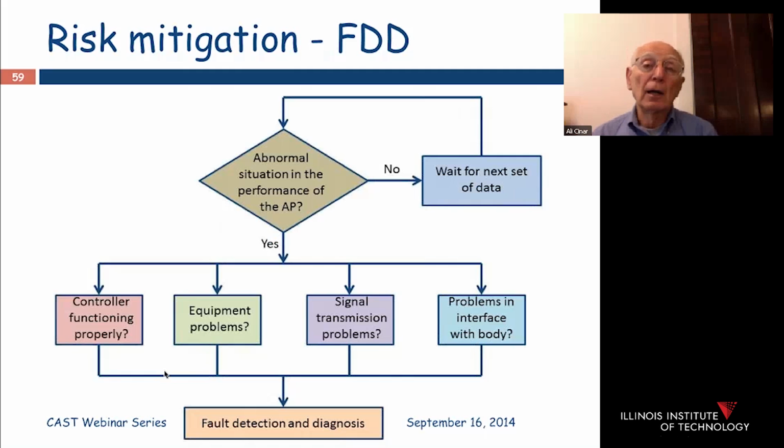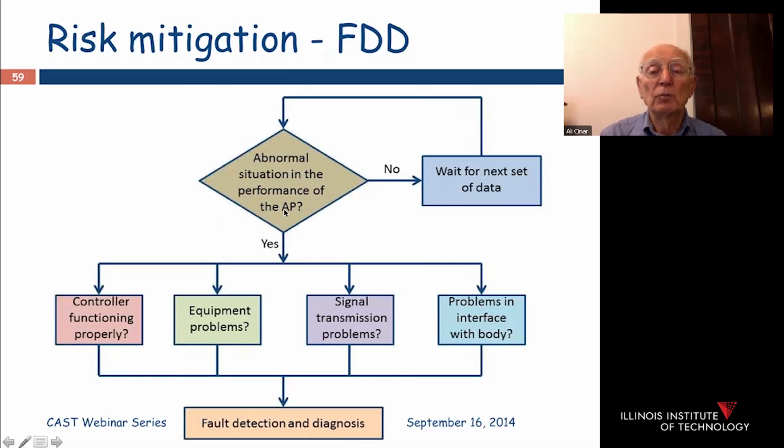And our approach to this risk mitigation by fault detection and diagnosis was first to interrogate data to see whether there is an abnormal situation or not. If there is no abnormal situation, then there is no additional work to be done. We just wait for the next data set.